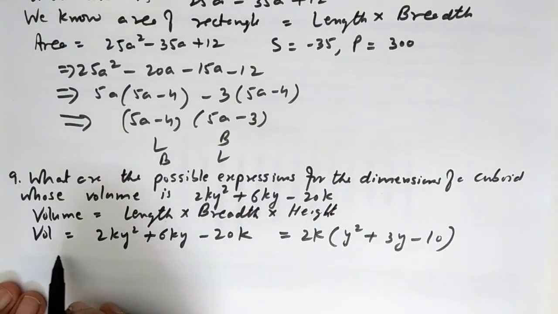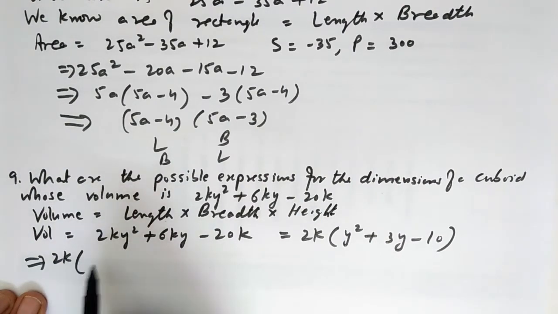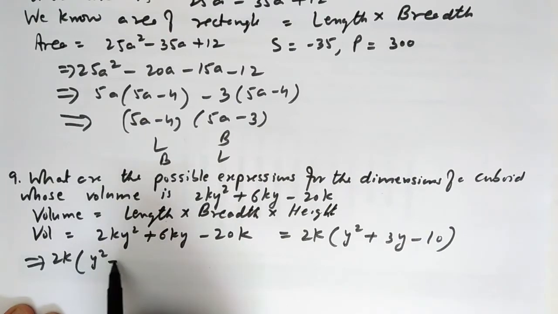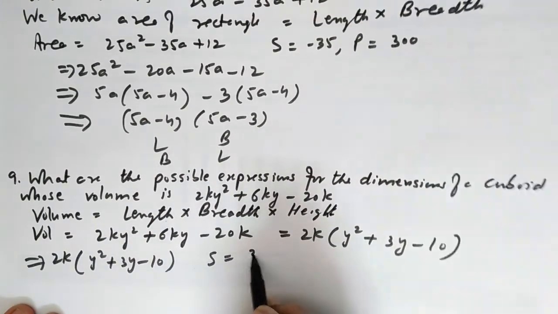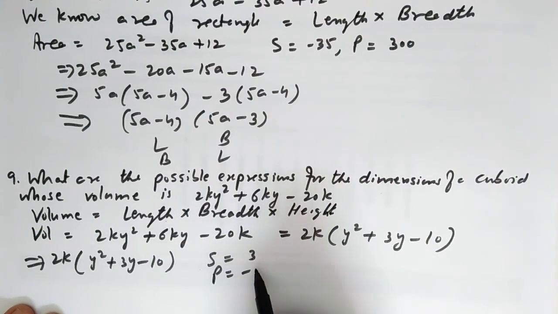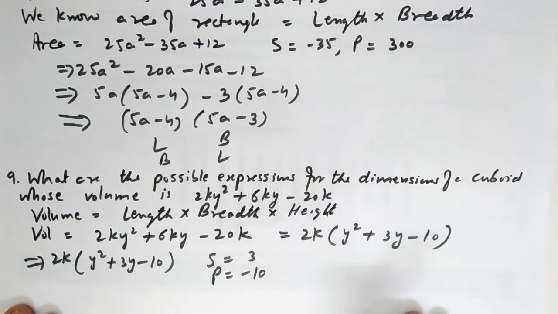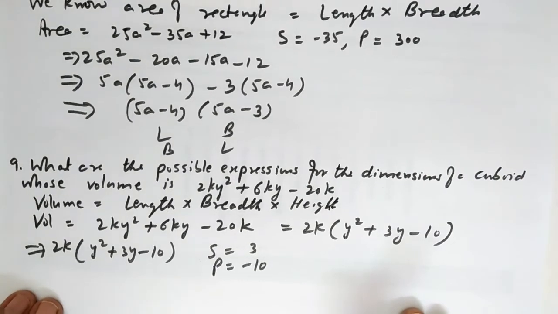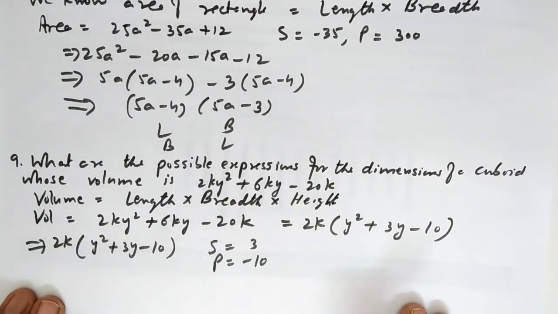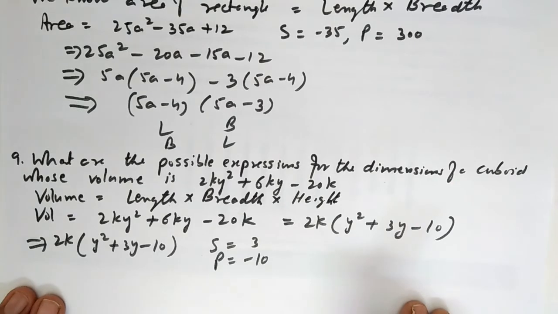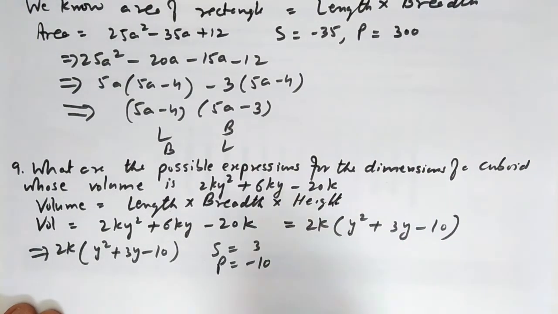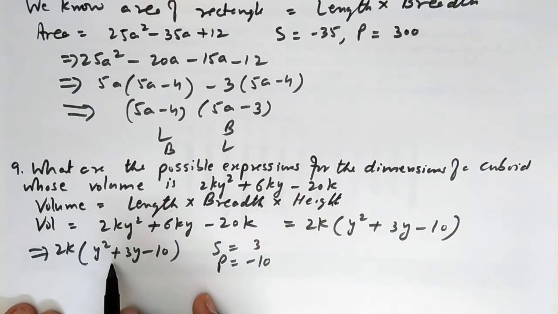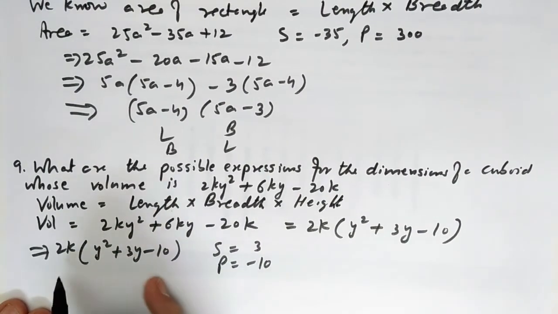Again, I am writing this 2k, y square plus 3y minus 10. Sum should be 3 and product is minus 10. Product negative है, it means one term should be positive, other should be negative. So we have to find 5 and 2. 5 and 2 का difference 3. The greater number will have the positive sign.